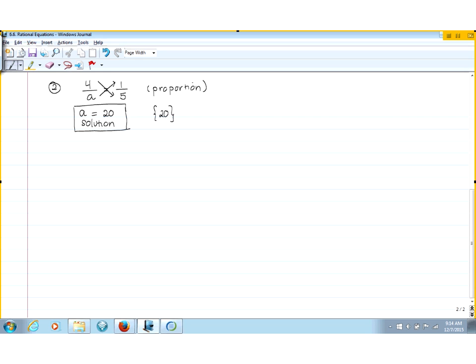All right. Now, number 3. This is also easy. 5 over y plus 1 is equal to 4 over y plus 2. Why don't you try this one? Number 4. 3 over x plus 2 is equal to half.